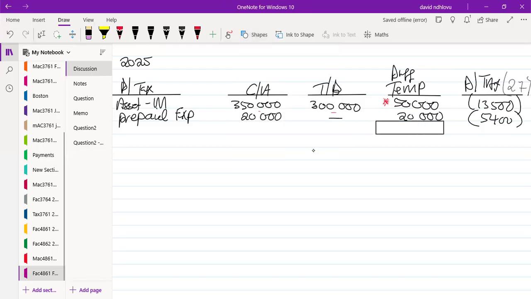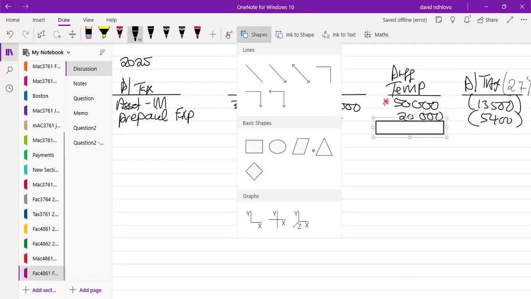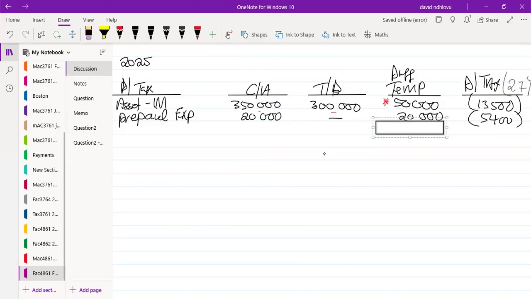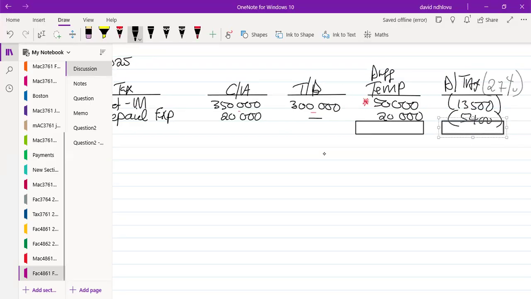Now, it is important to remember, right, you have to look at assets and liabilities. And then those assets and liabilities which have got a different carrying amount and tax base, they will give you a temporary difference. Right, 70,000 times 0.27, that will give you 18,900, which is a liability.